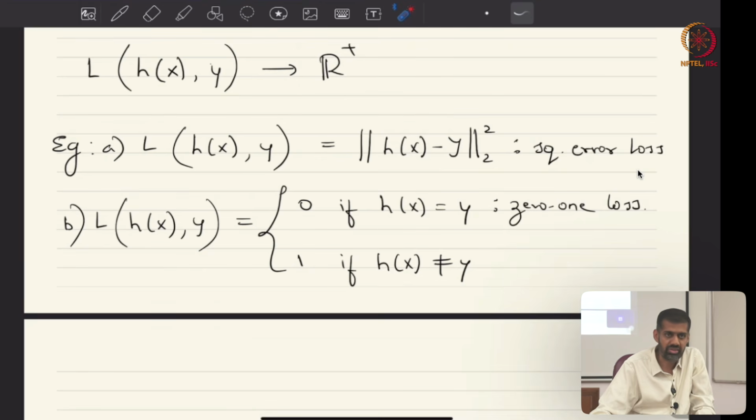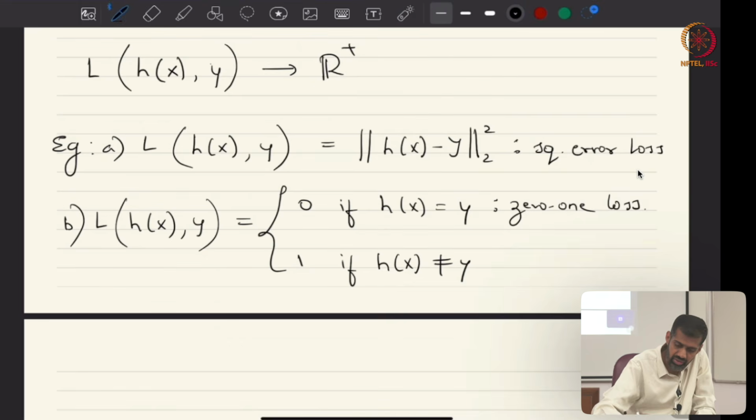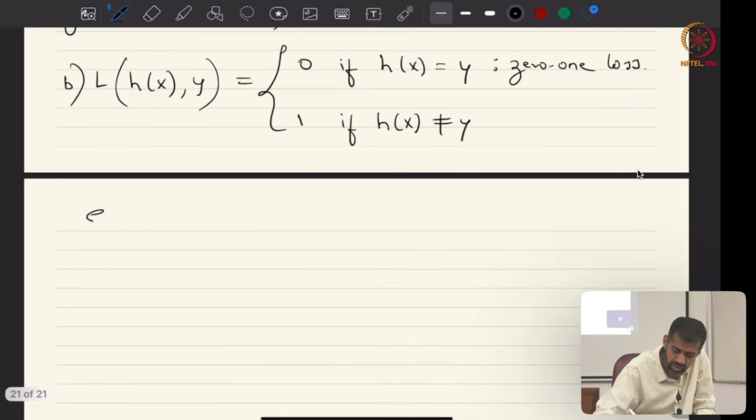We take an expectation. Let us define extending the loss function on the entire data set, for the population.